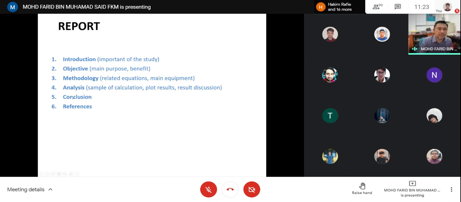And the last one, also some references. When you put explanation in the introduction and objective, it has to be based on some references. So those references can be put in subtopic number 6. Okay.